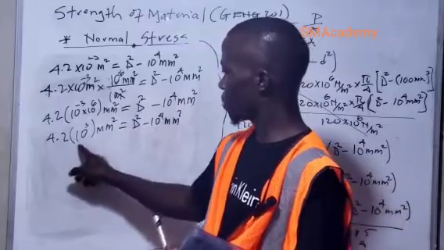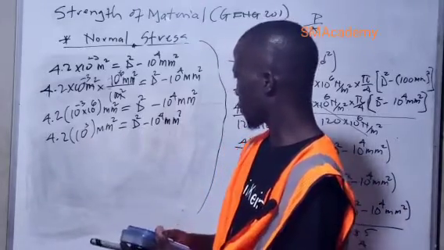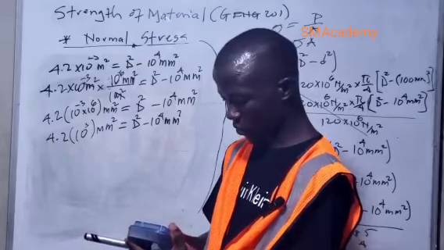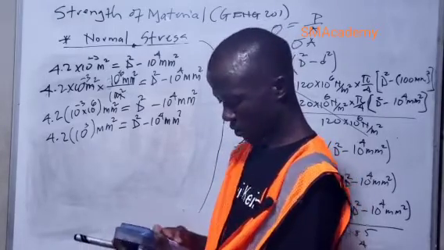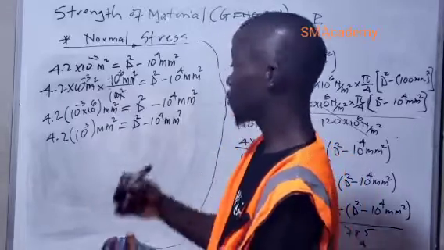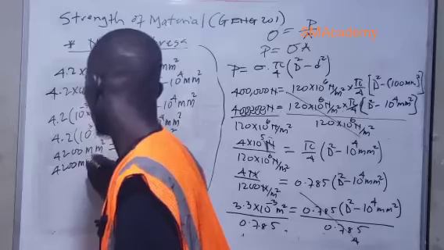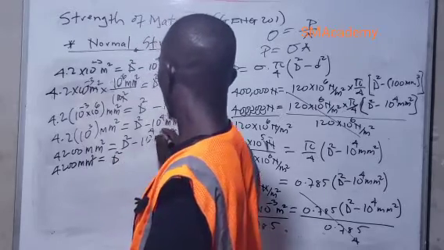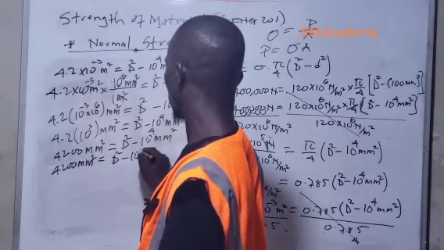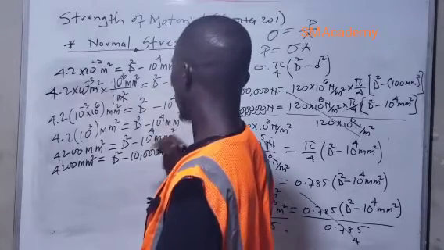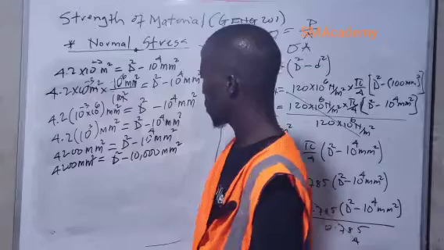So multiply 4.2 times 10 raised to the 3 power. We have 4,200 millimeter square is equal to d square minus 10 raised to the 4 power, equal to 10,000 millimeter square.